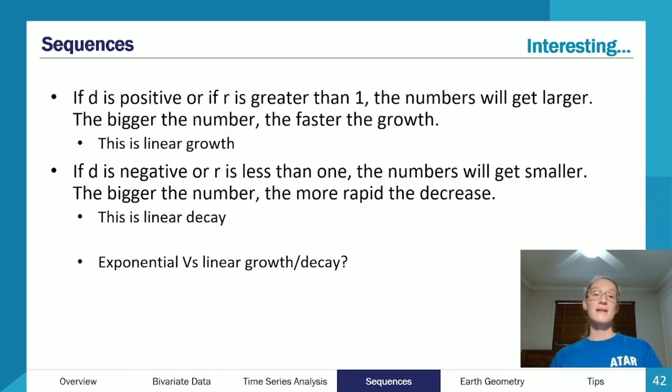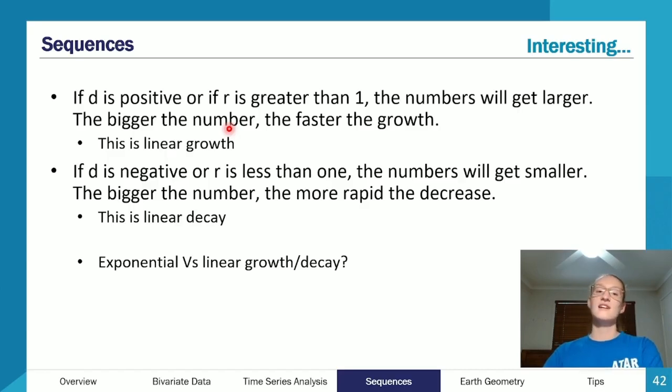Another thing to keep in mind is that if your common difference is positive, or if your common ratio is greater than 1, the numbers in the sequence will get larger each time. And the bigger the common difference or the bigger the common ratio, the faster the growth. It's an interesting thing. It's linear growth if you're talking about a common difference, but it's actually exponential growth if we're talking about a common ratio.